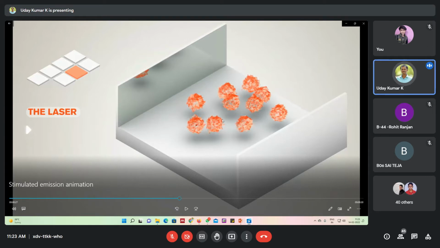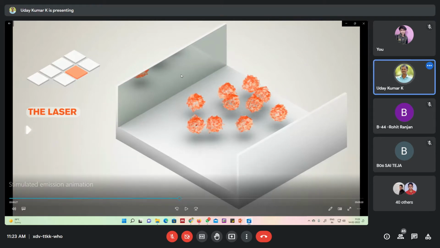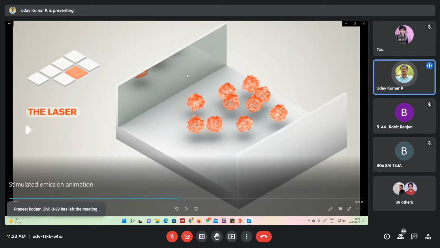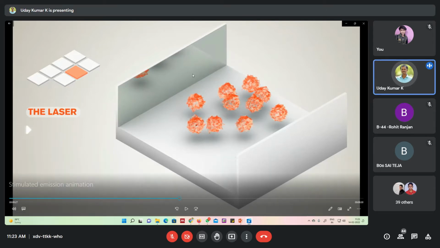So what happens is when photons move to this end, it gets completely reflected. When it gets reflected, it interacts with one more atom and releases another set of photons. Likewise, the multiplication happens within the resonator with the multiple reflections.